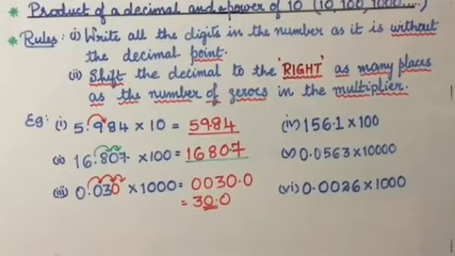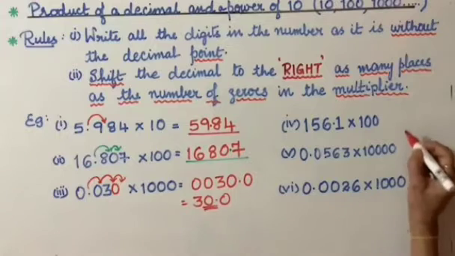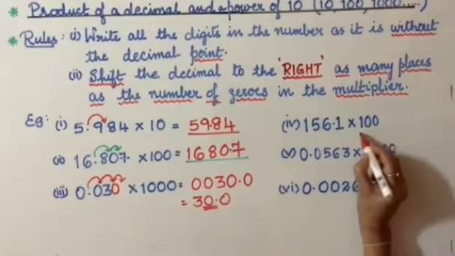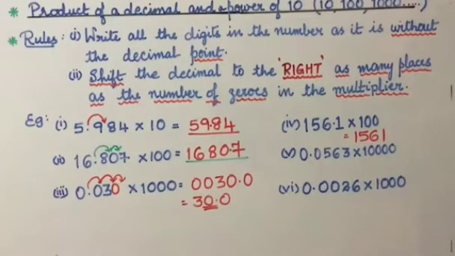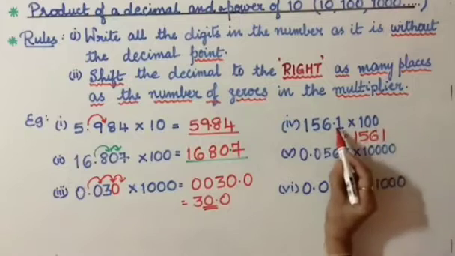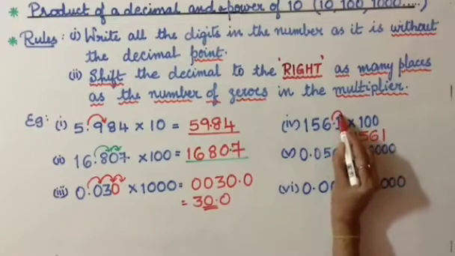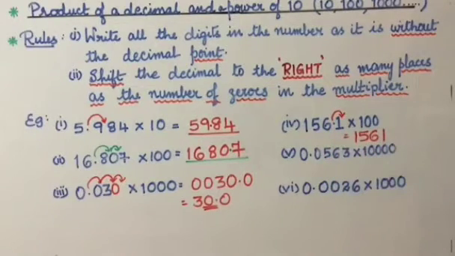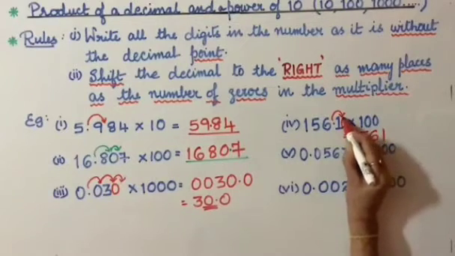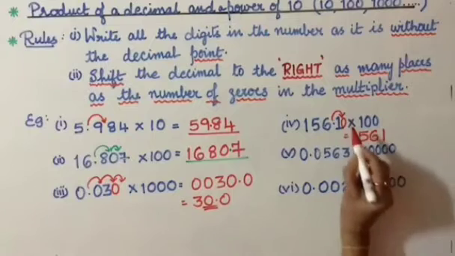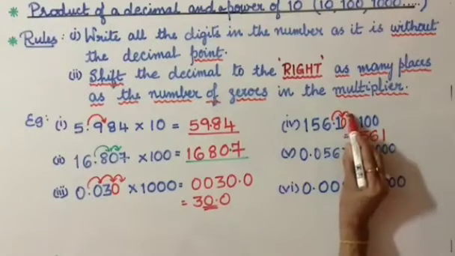Have you checked? Again, here we have 1561. Okay. So we have 2 zeros, but I have only 1 decimal place I can shift. So to get 1 more decimal place, what do we do? Add a 0. So your decimal now has shifted after 0.